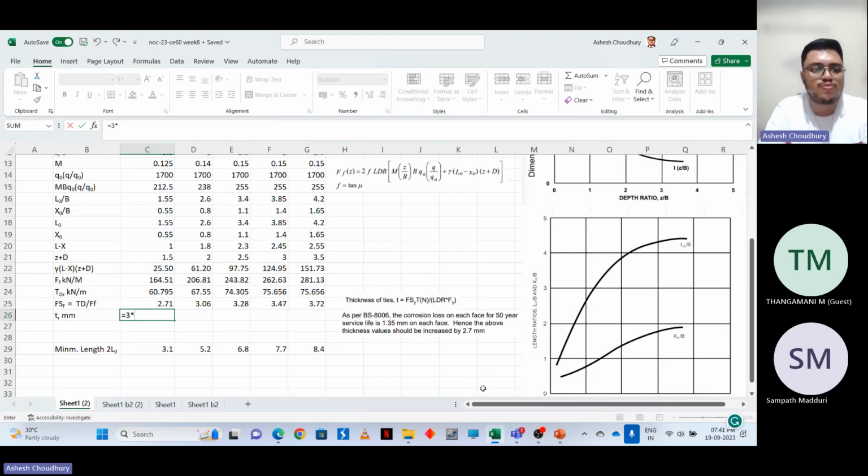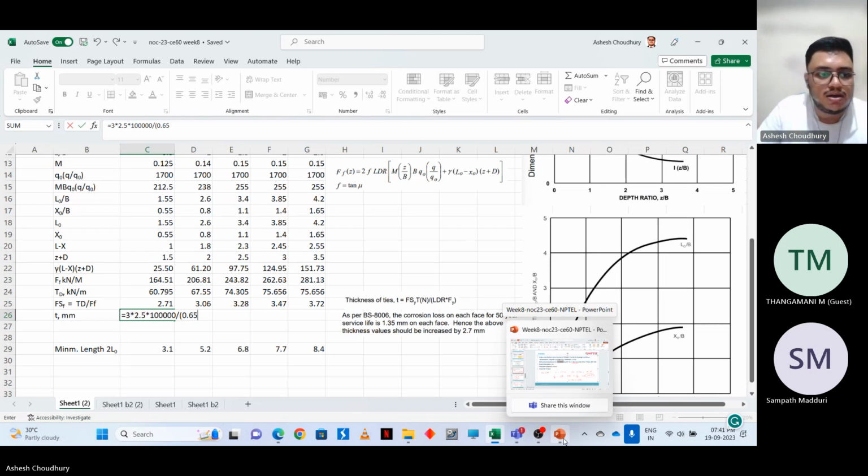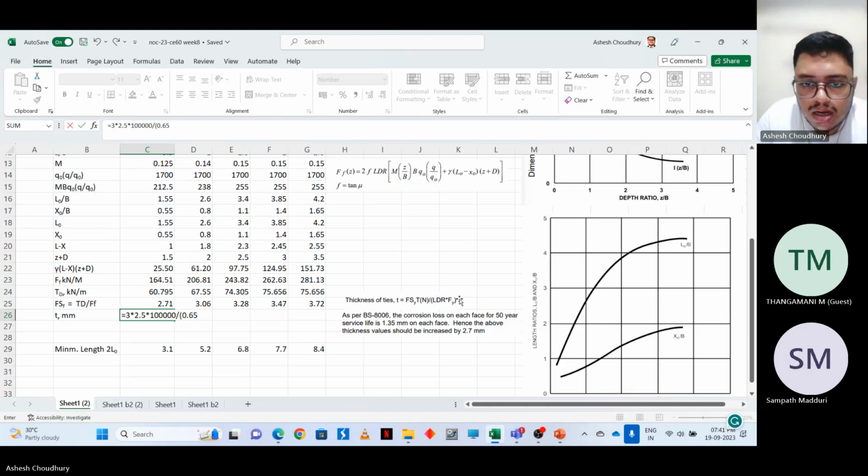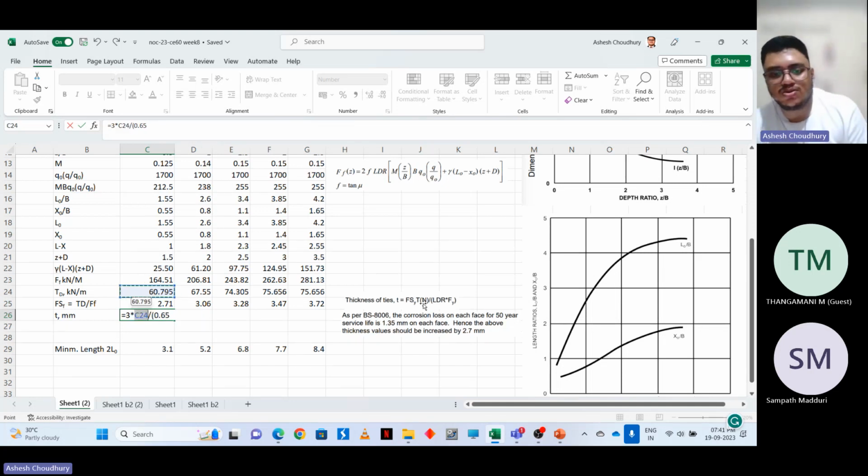So 2.5 to 5 divided by LDR 0.65 times Fy. So what is Fy? Sorry, I just made a mistake. Sorry, this Tn is this reinforcement load that is coming.